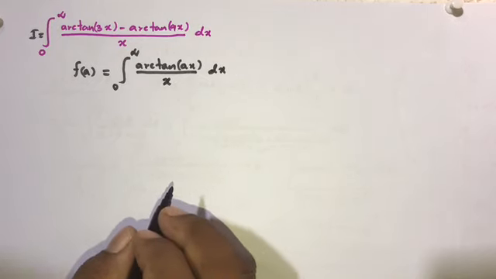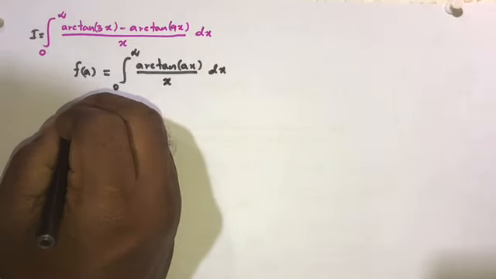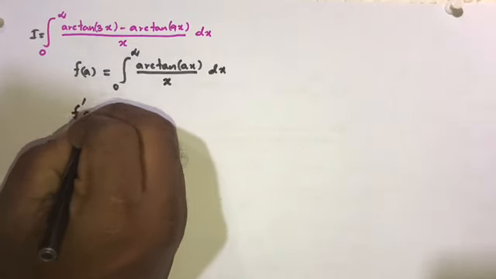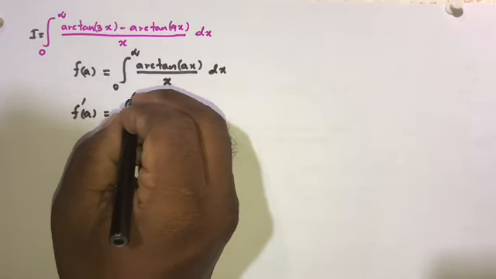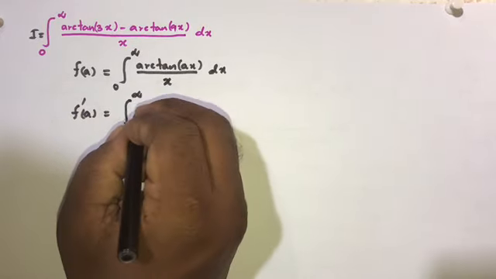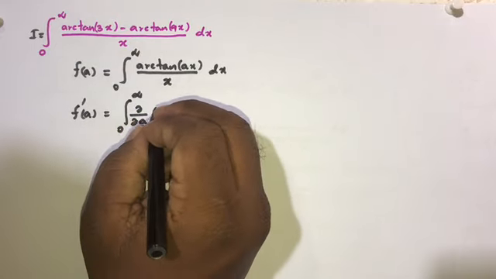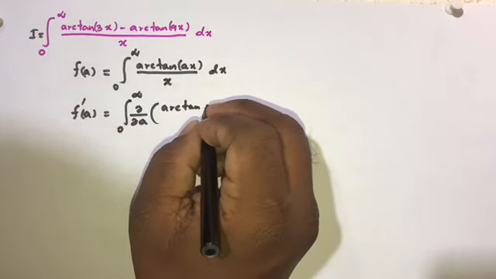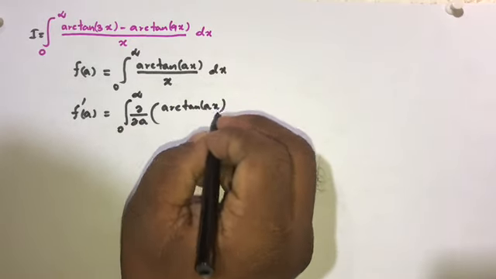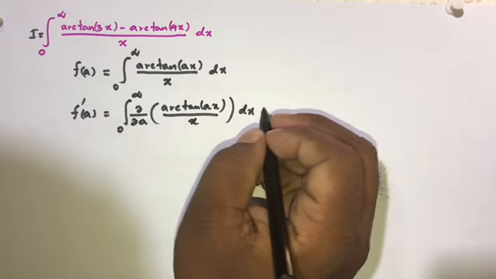So if we differentiate with respect to a, on this side we have f dash of a, and on this side we can write the integral from 0 to infinity of the partial derivative with respect to a of arctan of ax over x dx.